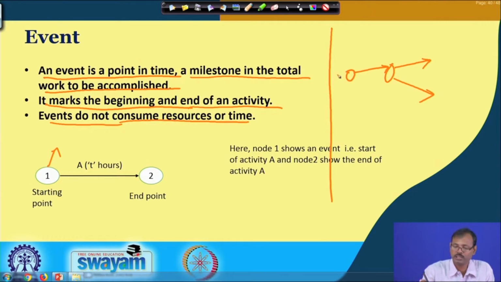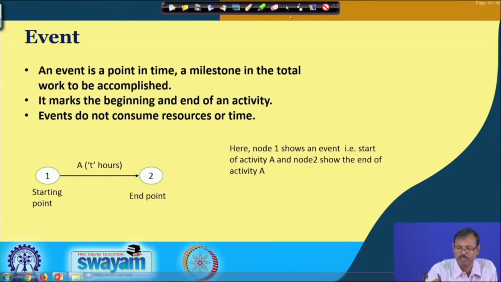Whatever the time requirement and the cost requirement, those lie in the activities. There is no cost and no time requirement for the nodes. This is the essential assumption made in the arrow diagram or network analysis.